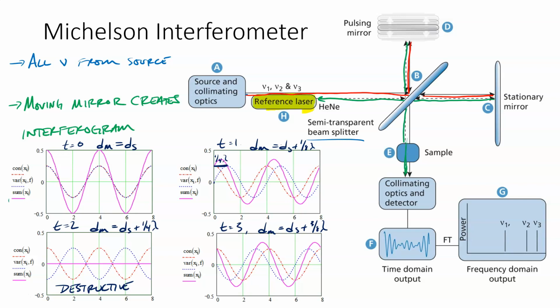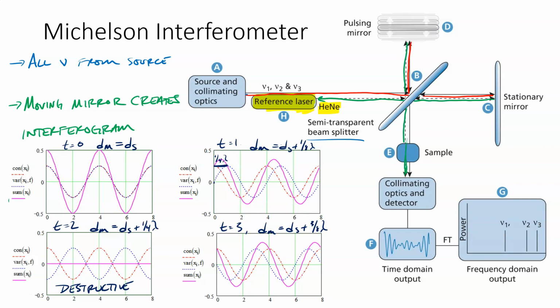This reference laser serves no purpose except to tell the computer where our moving mirror is relative to the stationary mirror. And so this reference laser, HeNe, so helium neon lasers have a wavelength of 632.8 nanometers, something like that.